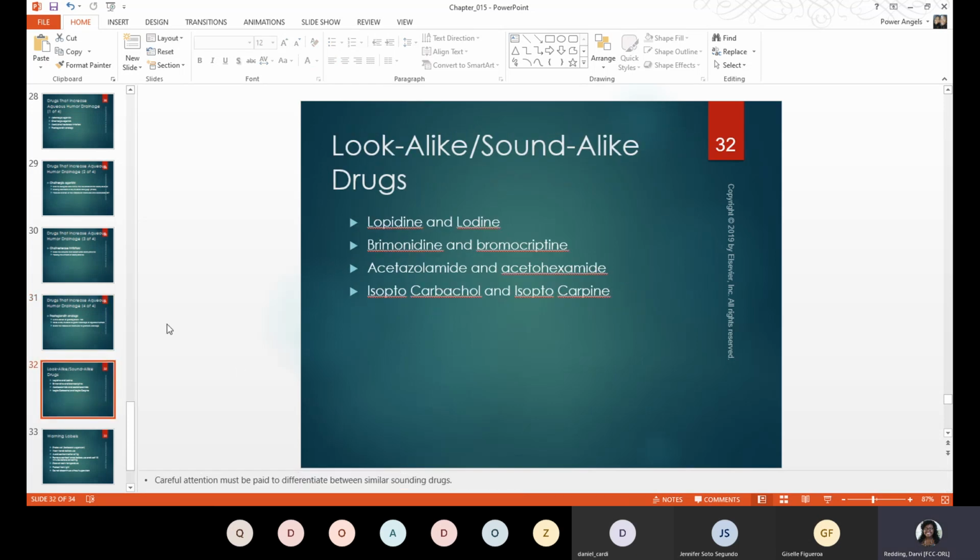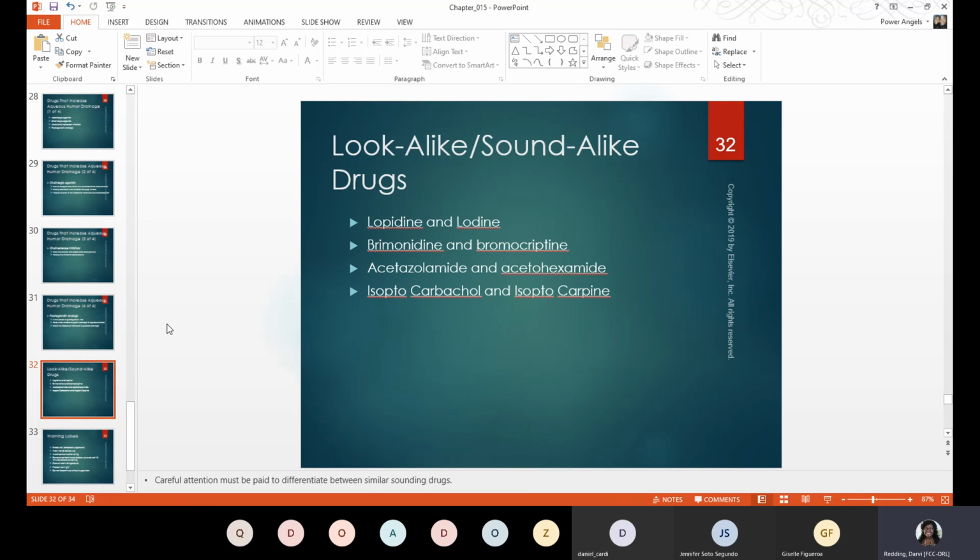So as we've learned about the different viral infections of the eye, bacterial infections of the eye, fungal infection of the eye, with the medications that are going to increase the aqueous humor drainage, there are some drugs to pay attention to because they do sound alike and look alike.